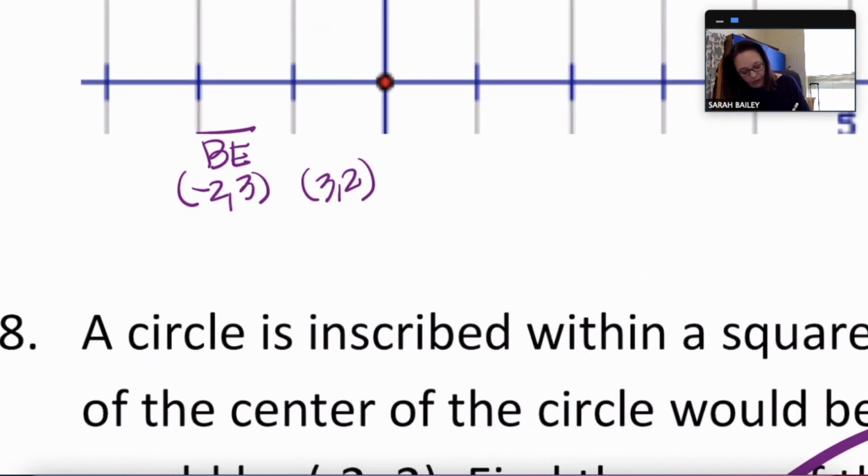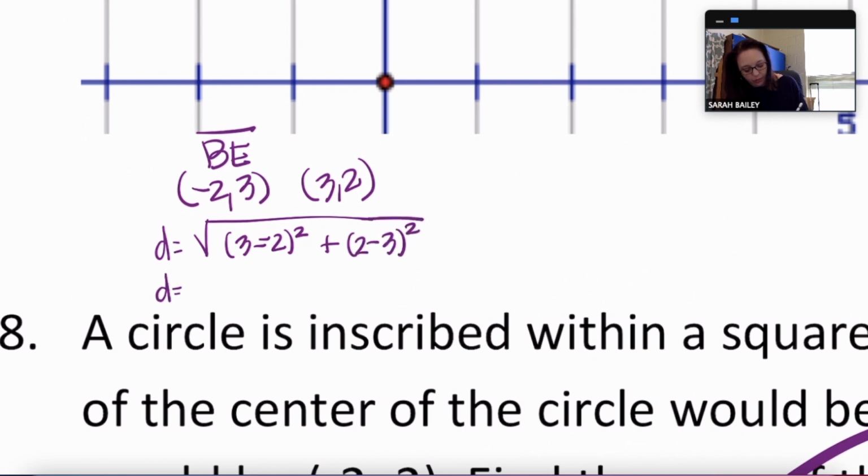Okay. So that distance is going to be 3 minus negative 2 in parentheses squared plus 2 minus 3 in parentheses squared. So 3 minus negative 2 is 5, so that would be 5 squared. 2 minus 3 is negative 1, so that's negative 1 in parentheses squared.